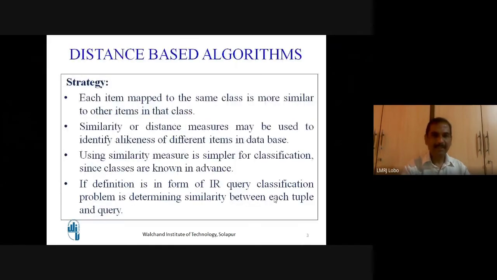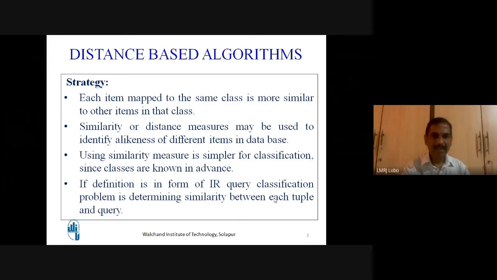As we have seen, data mining algorithms extract the most important patterns from the data set. So the strategy that is going to be used here is that each item mapped to a class is more similar to other items in that class.